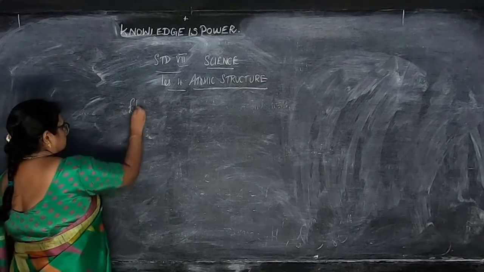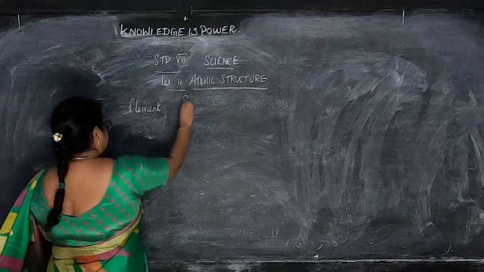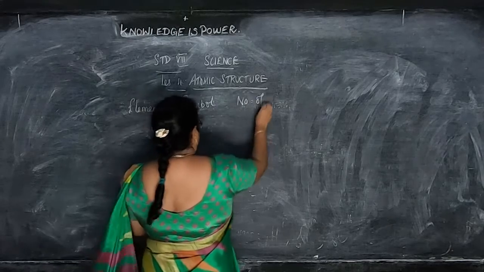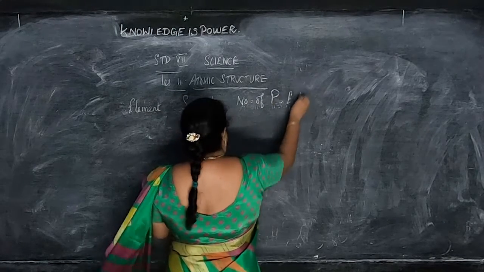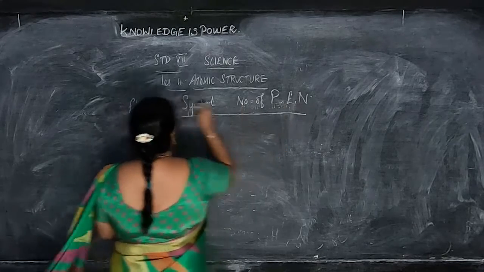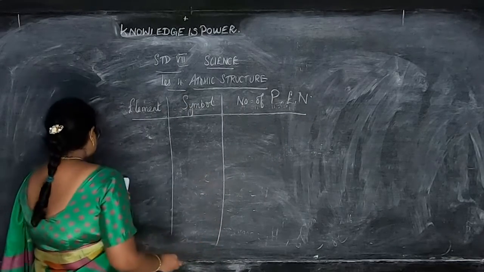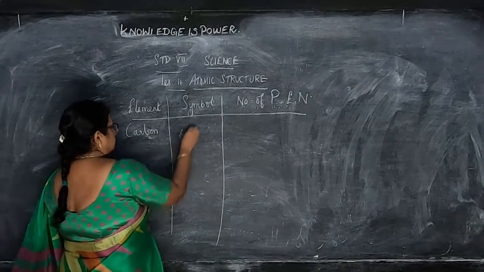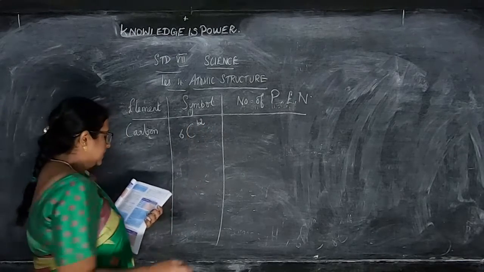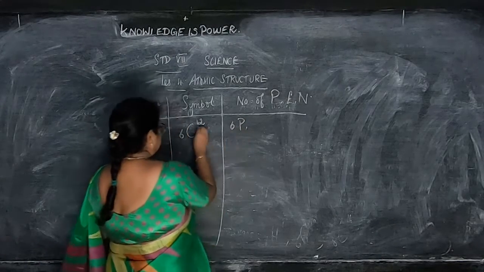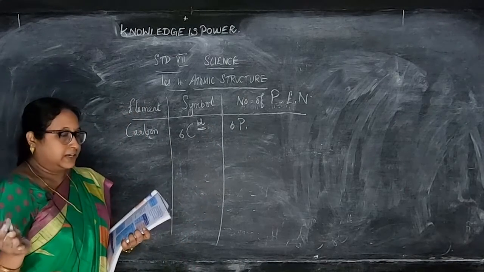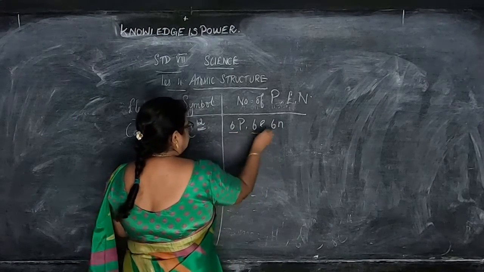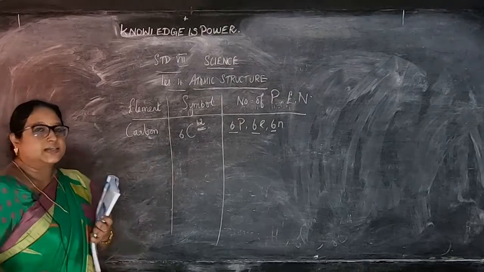That is element, then symbol, and number of protons, electrons and neutrons. Okay, children? See here. First they have given carbon. The symbol for carbon is 6C12, that is 6 protons, 6 electrons and 6 neutrons. 6 and 6 make 12.